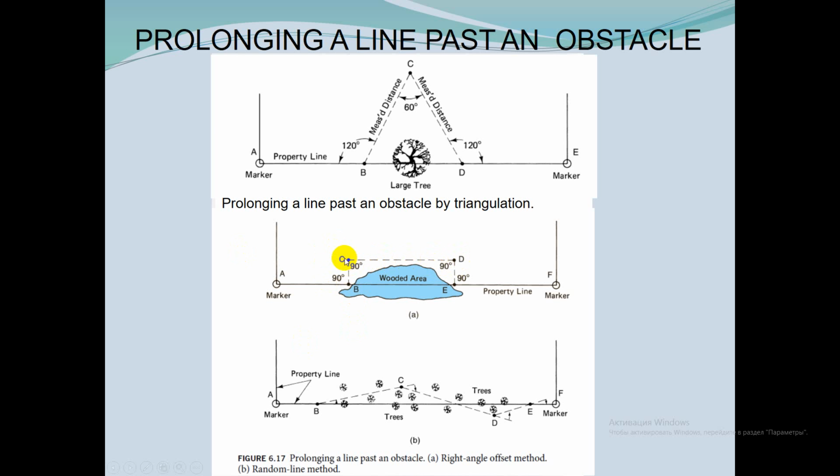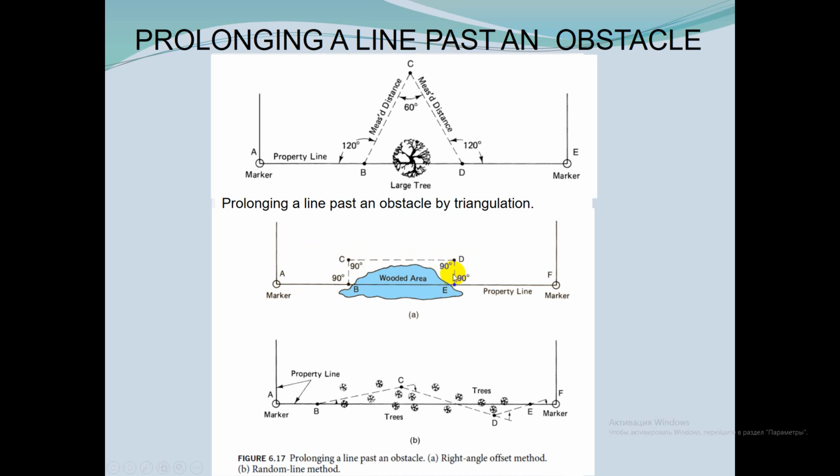The instrument is set at point C and sighted at B. An angle of 90 degrees is turned to locate point D. Point E is located on the boundary line using a right angle and the offset distance BC.